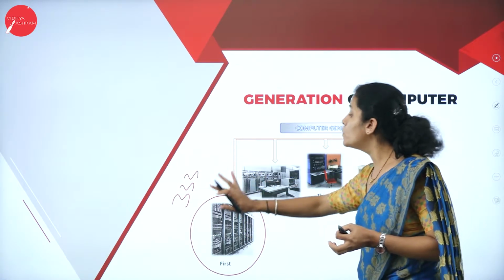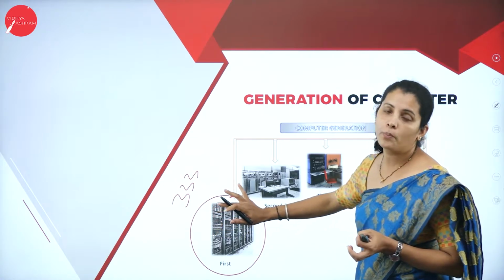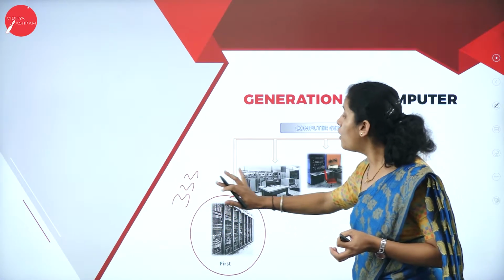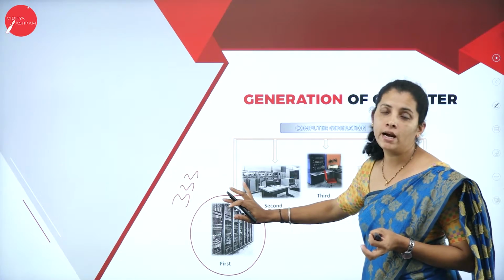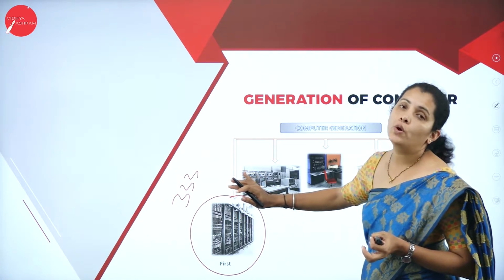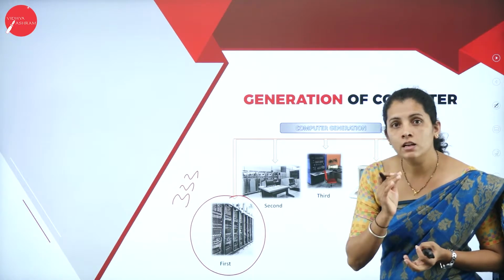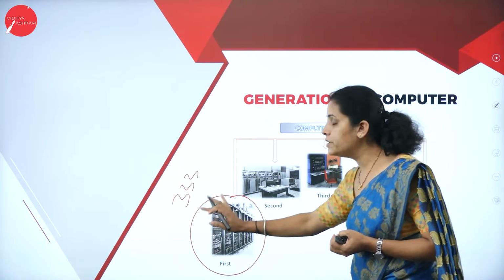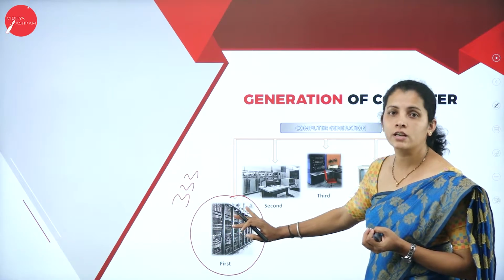Here we are going to use batch operating system, all the memories are made up of magnetic drums, and we are going to have machine level language. So that is the feature of first generation computer.